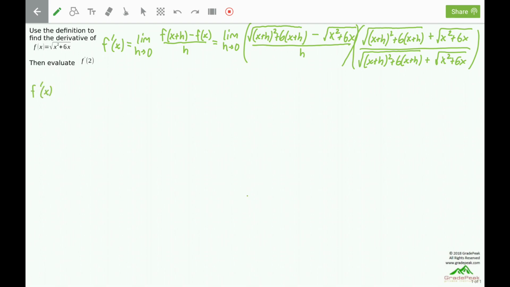And f prime of x will then equal the limit as h goes to 0 of the first root of x plus h squared plus 6 times x plus h times that same root will give us x plus h squared plus 6 times x plus h.